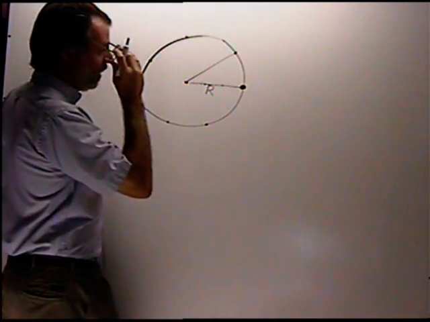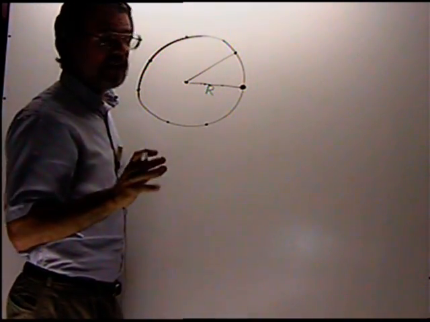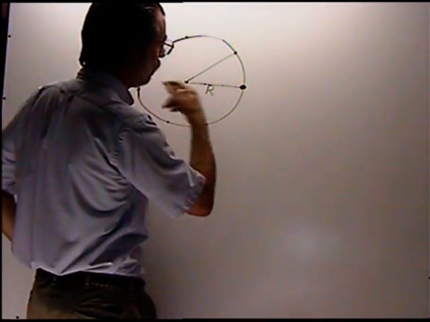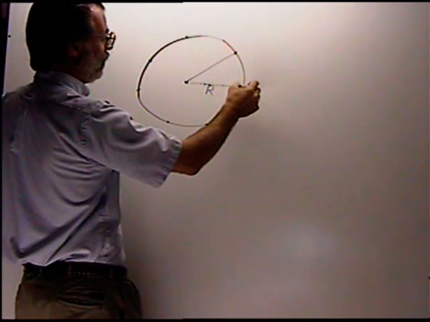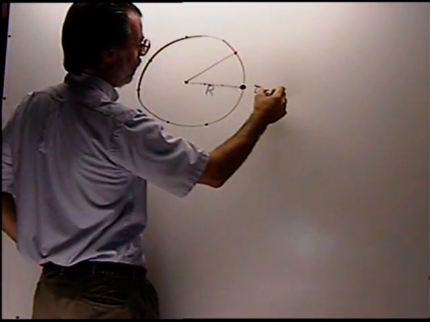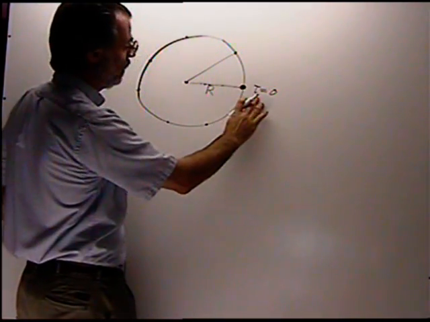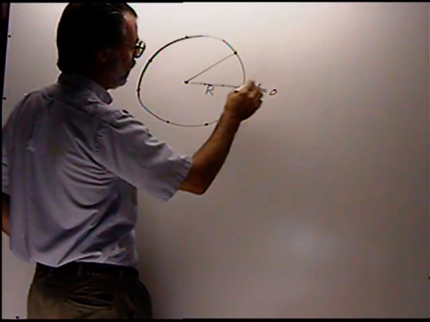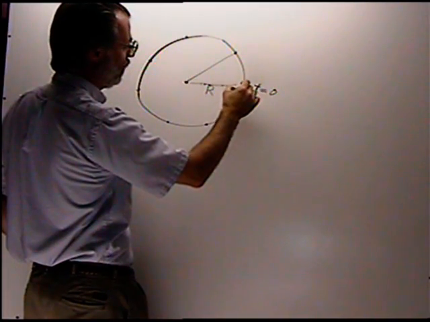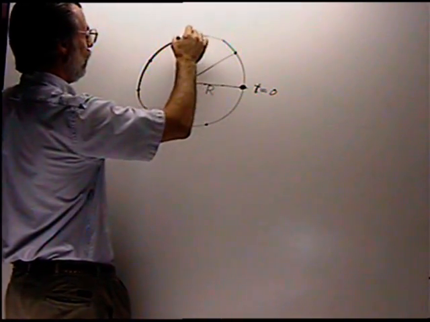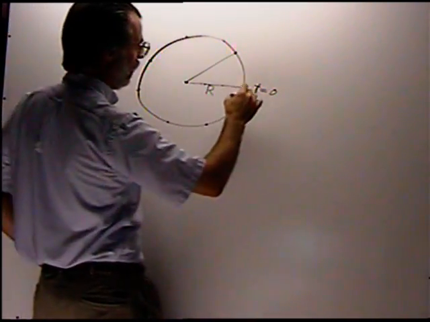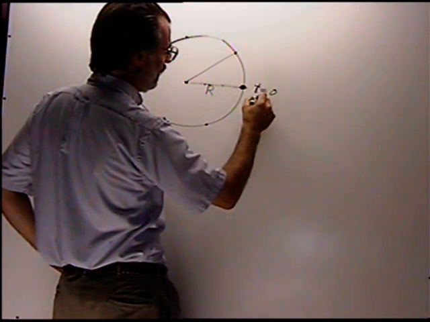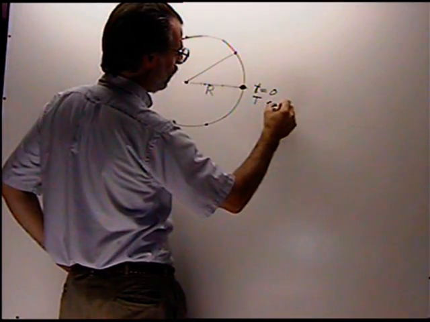Let's define some terms here. Suppose at t equals 0 the rock is right at this mark, and the rock comes around and meets this point again at t seconds.